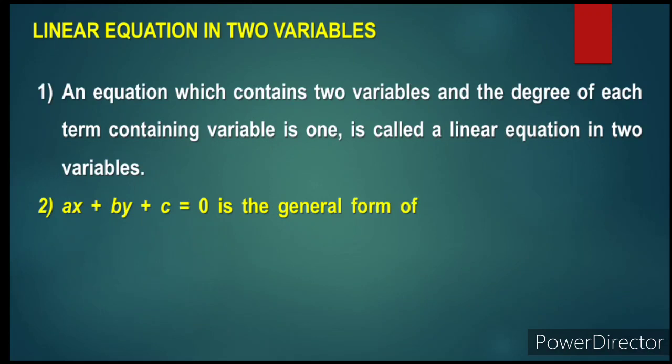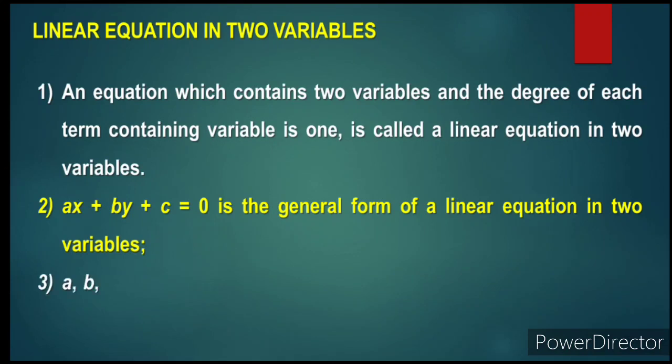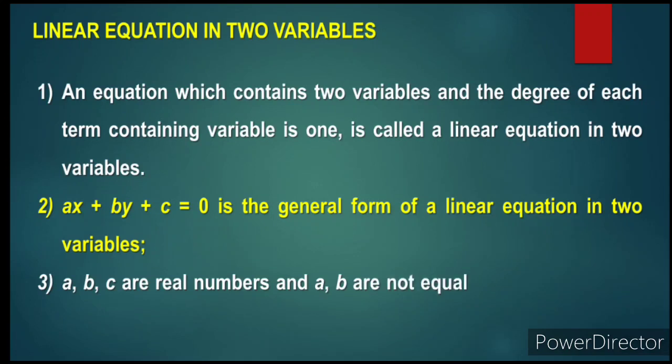Here ax plus by plus c equals 0 is the general form of a linear equation with two variables, where a, b, c are real numbers and a, b are not equal to 0 at the same time, which means a and b cannot both be 0.